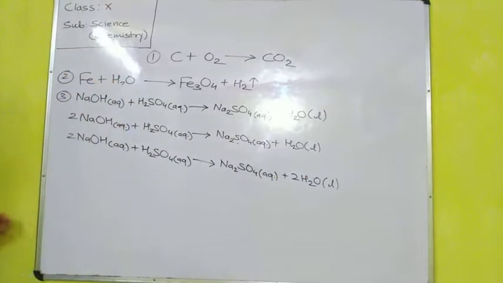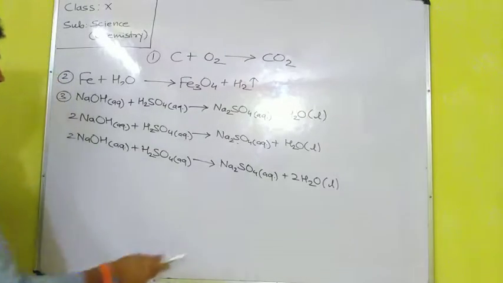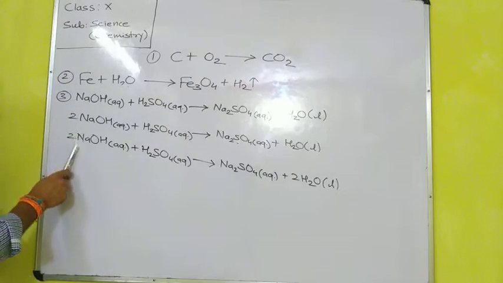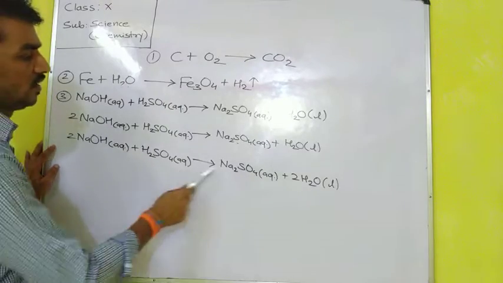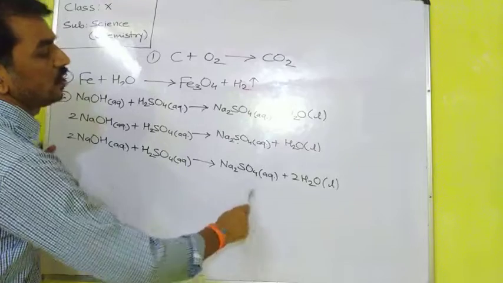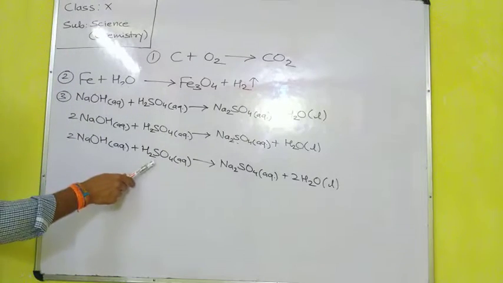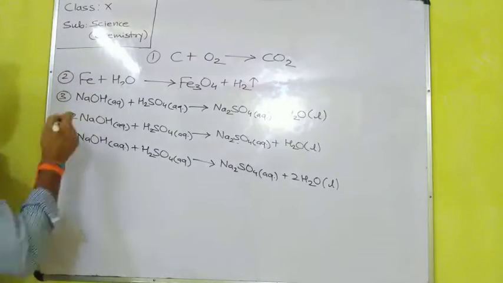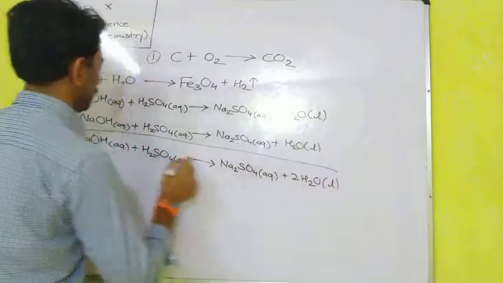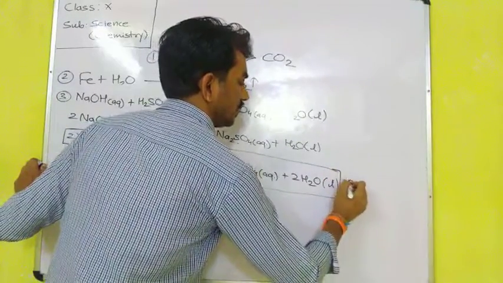So we have to check it again. 2 atoms of sodium in the reactant, 2 atoms of sodium in the product. 2 plus 4, 6 atoms of oxygen in the reactant side. 4 plus 2, 6 atoms of oxygen in the product side. 2 plus 2, 4 atoms of hydrogen in the reactant side. 2 times 2, 4 atoms of hydrogen in the product side also. So now it is balanced.